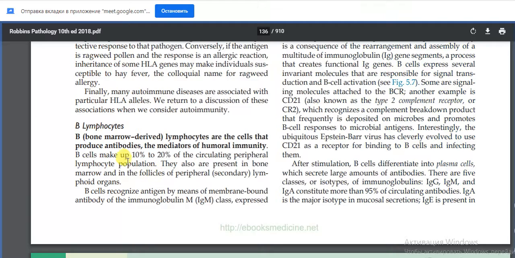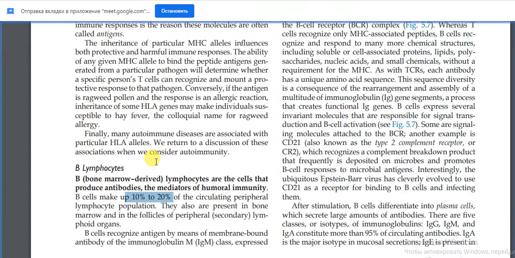B cells make up 10 to 20% of the circulating peripheral lymphocyte population. On the surface of B lymphocytes, they recognize the antigen with the help of immunoglobulin, especially immunoglobulin M. You remember this from immunity.